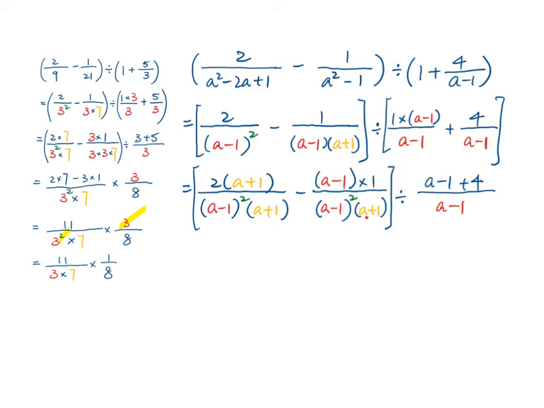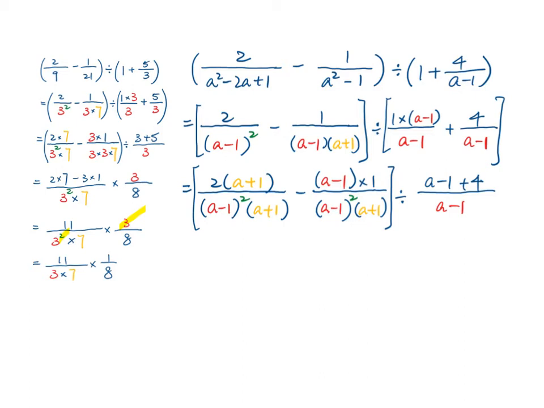This will be the new denominator, and in order to match it, we're missing the extra (a minus 1), so that's why we have another (a minus 1) here. And on this side, same thing, because we want to match them together, that's why I put the (a minus 1) on top and bottom, in order for these two things to add together.